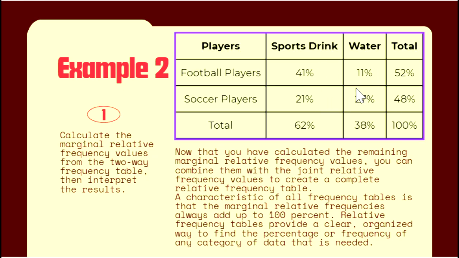So instead of just numbers like 273, 32, 1, 19, whatever, this gives you a clear look at the percentage of people that prefer sports drinks here, water for soccer players. If you're only going to get one drink for each of these people, you're better off getting sports drinks for football players and water for soccer players. This just gives you a clear, easy way to look at it using percentages instead of the actual data numbers.